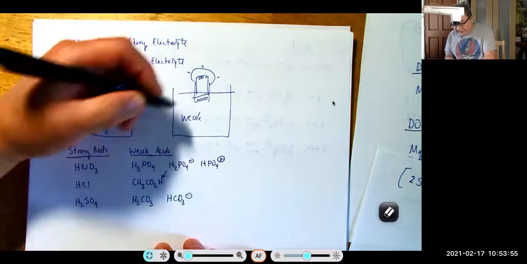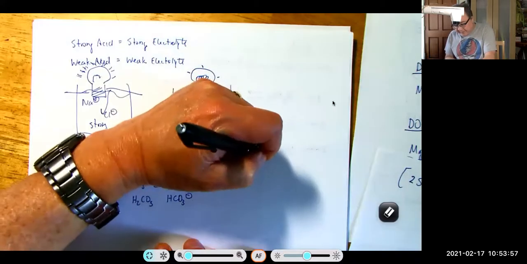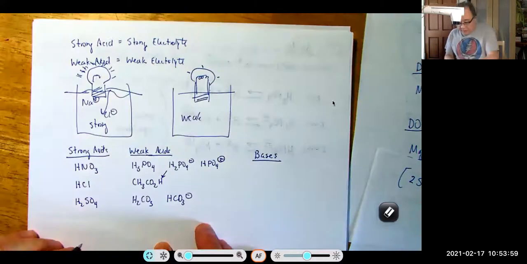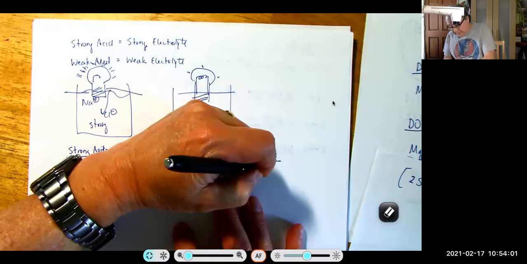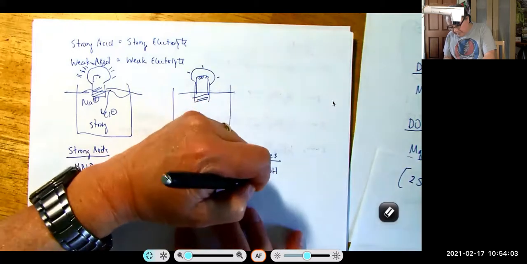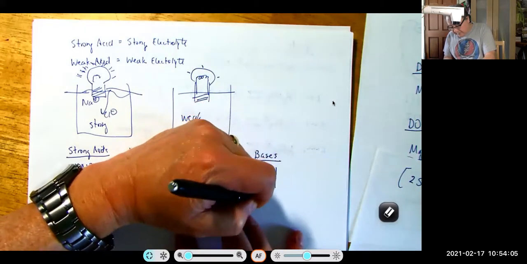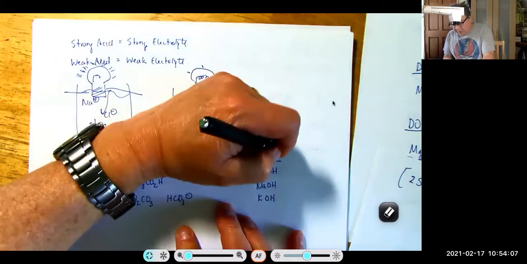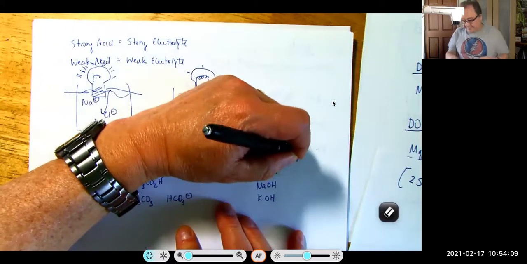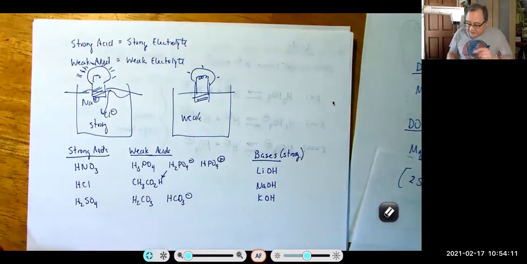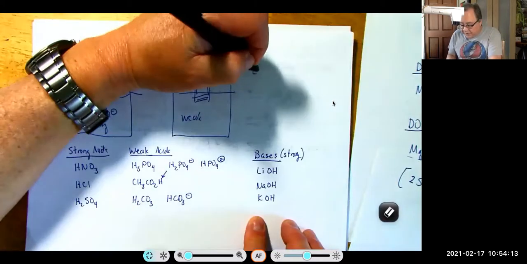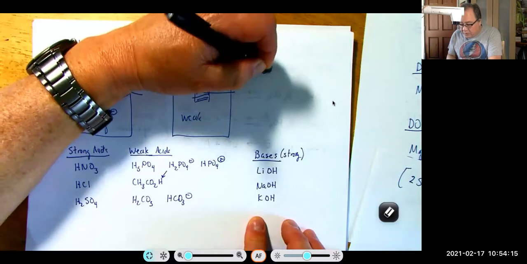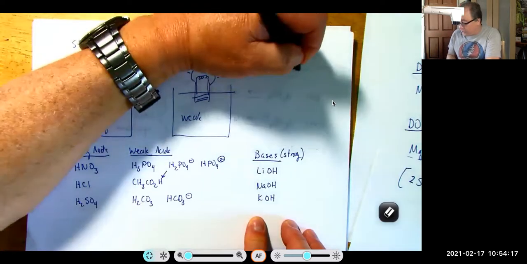And for bases, bases are usually going to have this formula. And these are strong bases. And the reason these are strong bases is that when you put them in water, they dissolve.